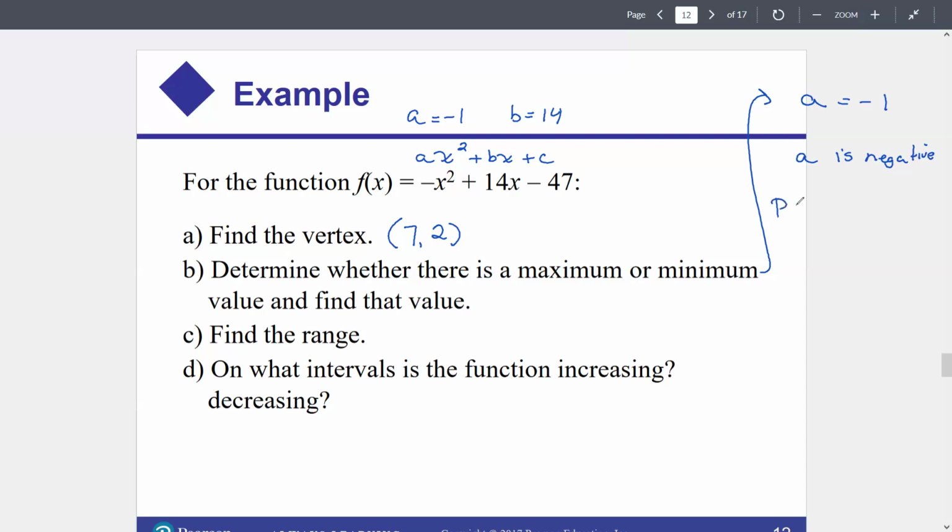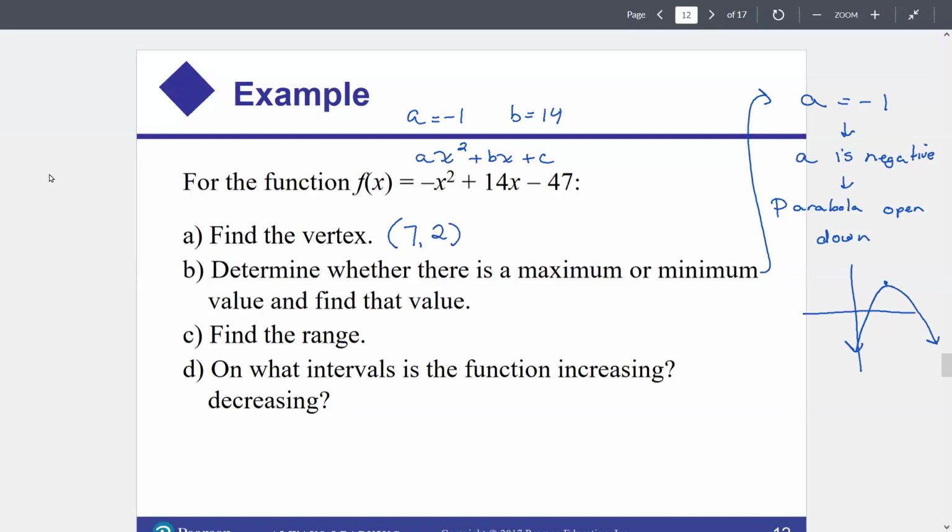That means the parabola opens down. Like I said, you can give yourself a quick sketch of what you think's going on here. Vertex has to be somewhere up here. So we're opening down. All right, so now we know it opens down.